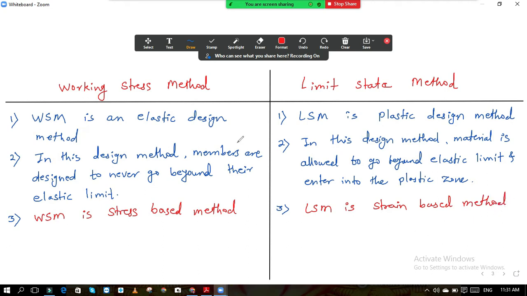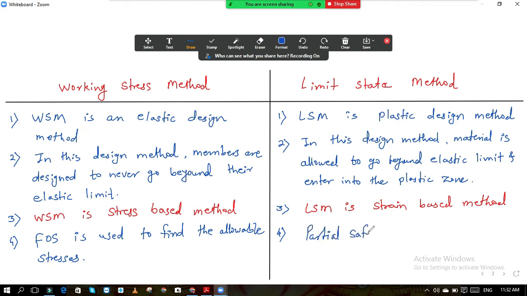Then the fourth point: factor of safety, FOS, is used to find the allowable stresses. And in the limit state method, instead of factor of safety they use partial safety factors.